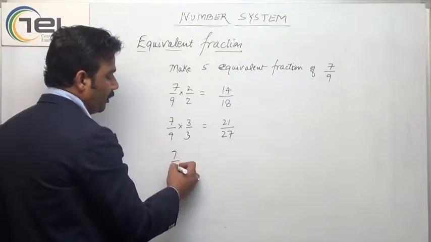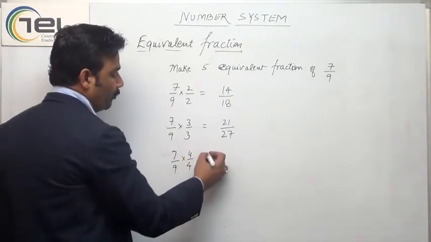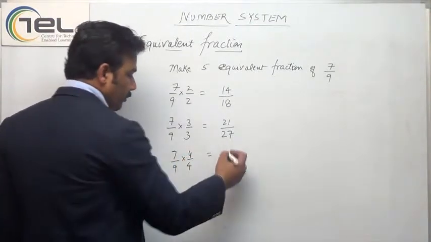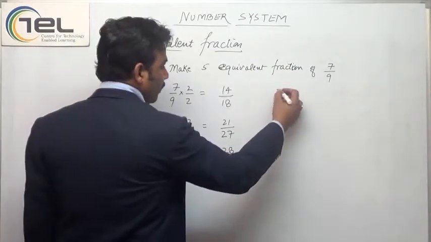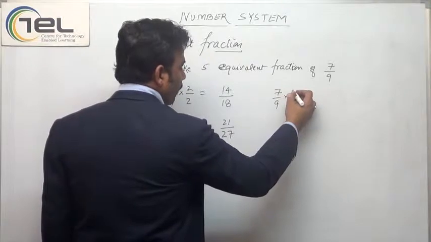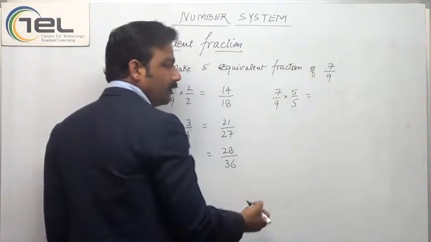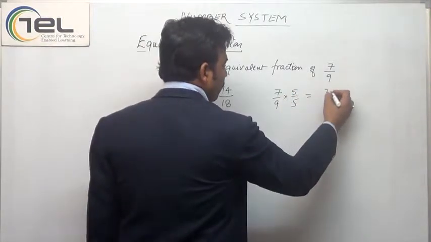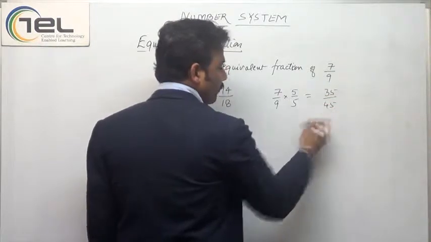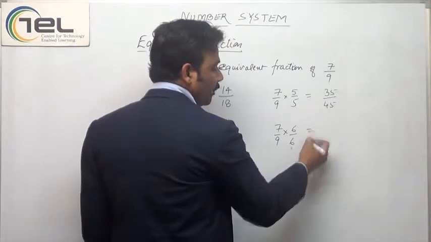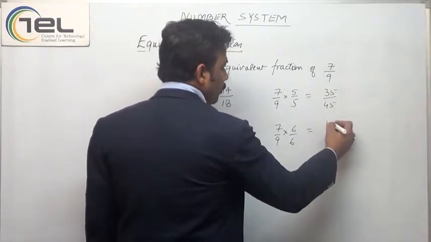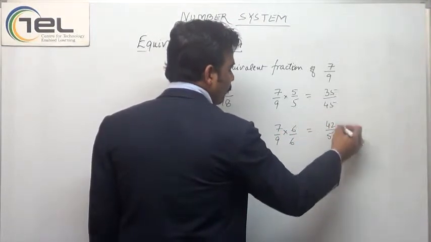Another, 7 by 9 multiplied by 4 on both the numerator and denominator, it will be 28 by 36. 7 by 9 multiplied by 5 on both the sides, it will be 35 by 45. Another, 7 by 9 multiplied by 6 on both the sides, it will come 42 over 54.